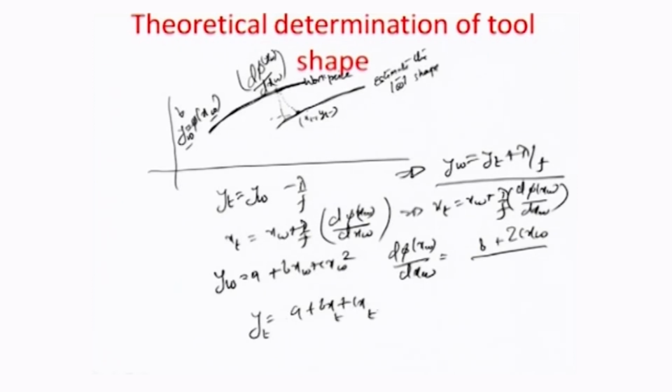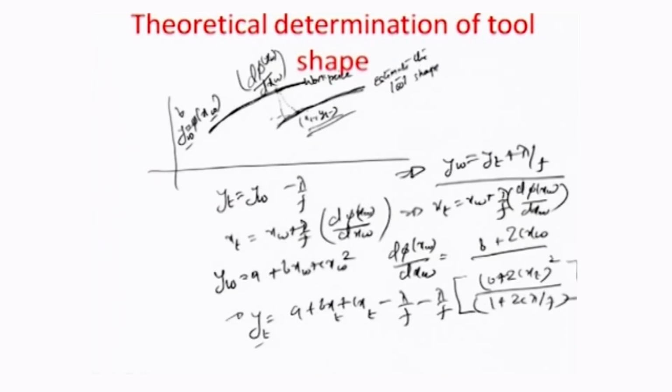Okay. So this is the sort of functional relationship between the y and x on the tool surface at this point, which would map the tool surface, and this comes out to be equal to a plus b xt plus c xt square minus lambda by f times of b plus twice c xt square divided by 1 plus twice c lambda by f. Okay.